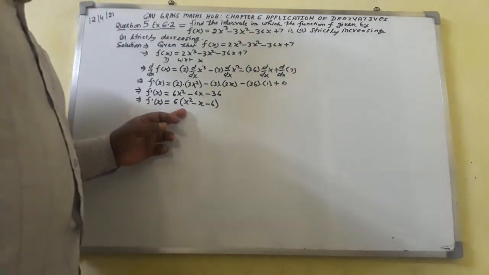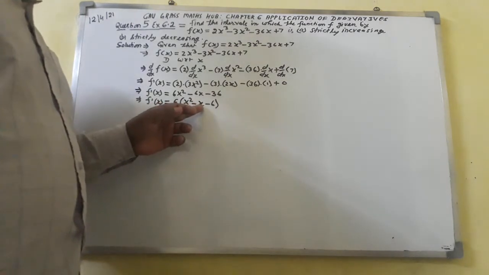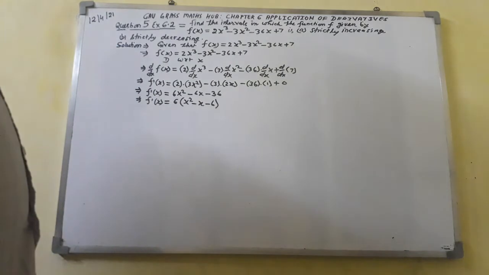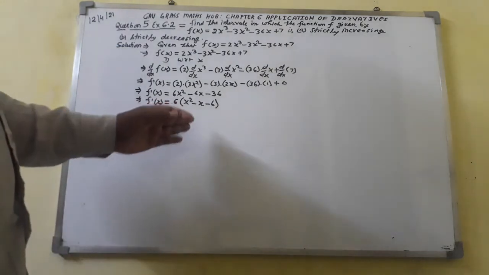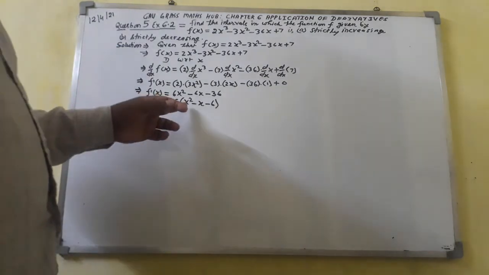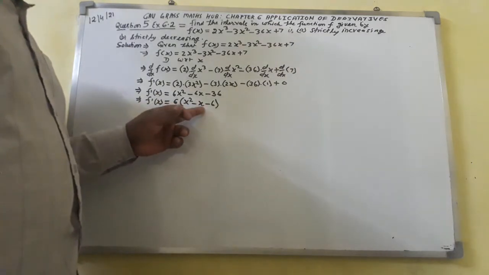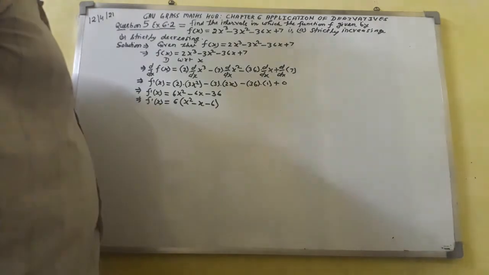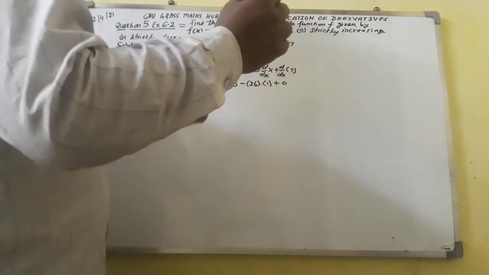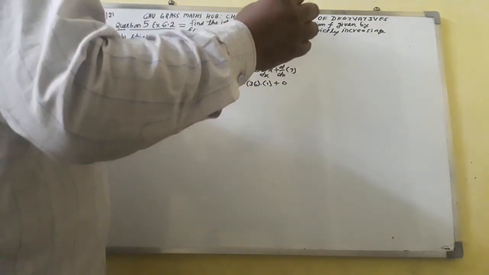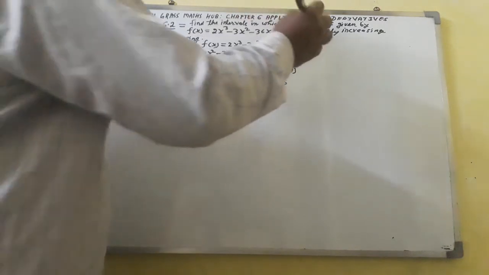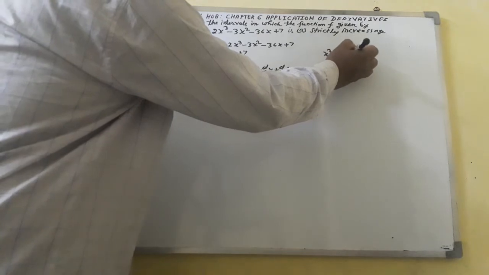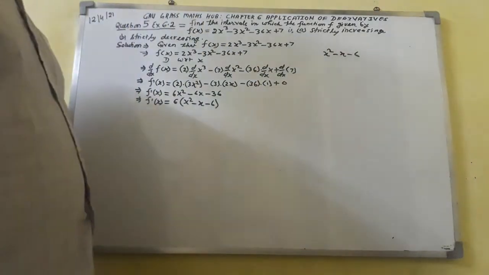Now you can see x square minus x minus 6 is a quadratic equation. I shall solve this quadratic equation in the rough work itself, and after doing the rough work I shall erase it.